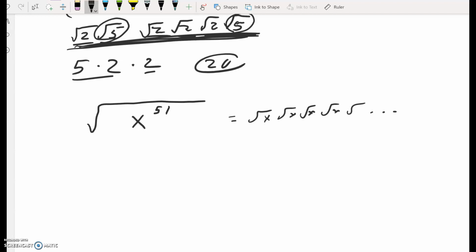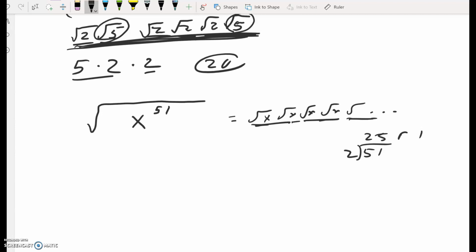But I have no desire to write down 51. So by the time you encounter problems where there's too many pieces, you're supposed to be able to handle it on your own. So if you had 51 pieces, how many pairs would you have and how many would be left over? Well, 51 divided by 2 is 25 with the remainder of 1.